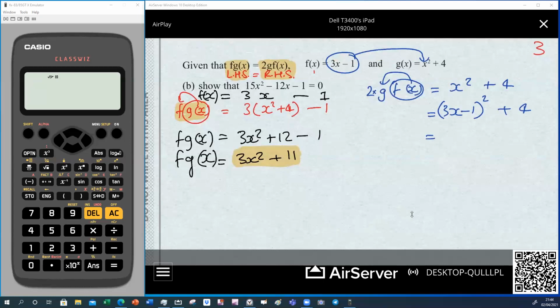Okay, that's the first bit. Then we're going to have to multiply it by 2 as well. So let's put the 2 in there as well. So we have 3x minus 1 times 3x minus 1, add 4.